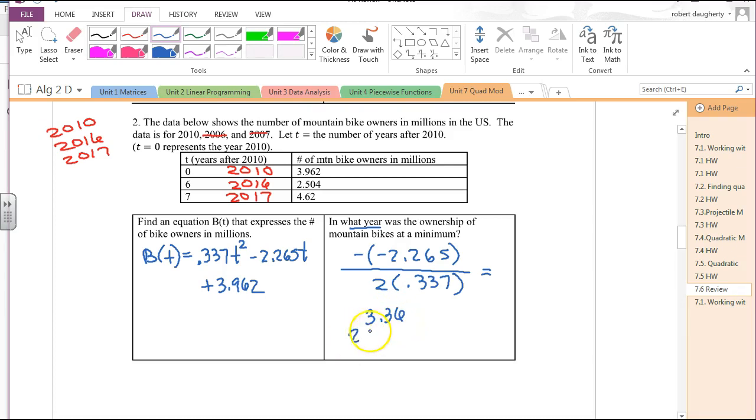So how many years is that from 2010? 2010 plus 3.36, that's going to be 2013 is the year.